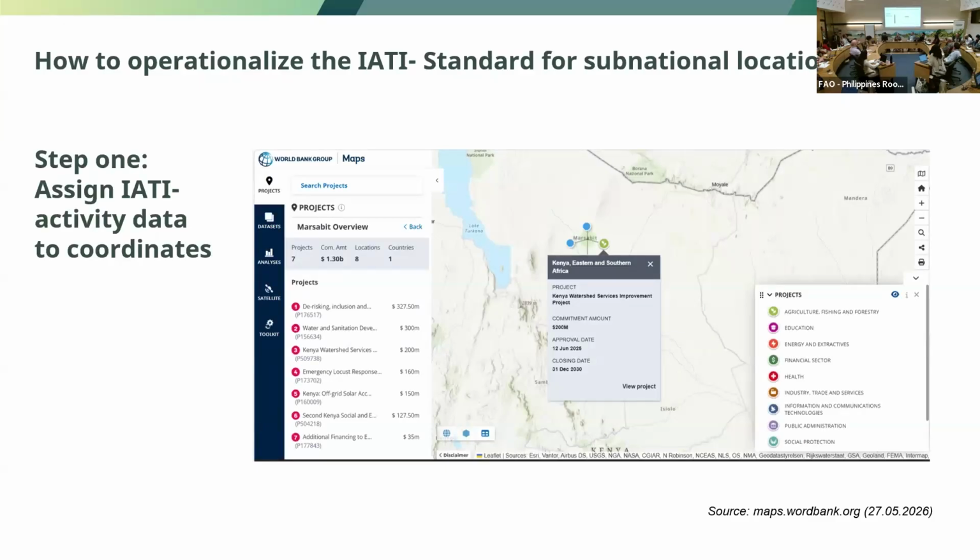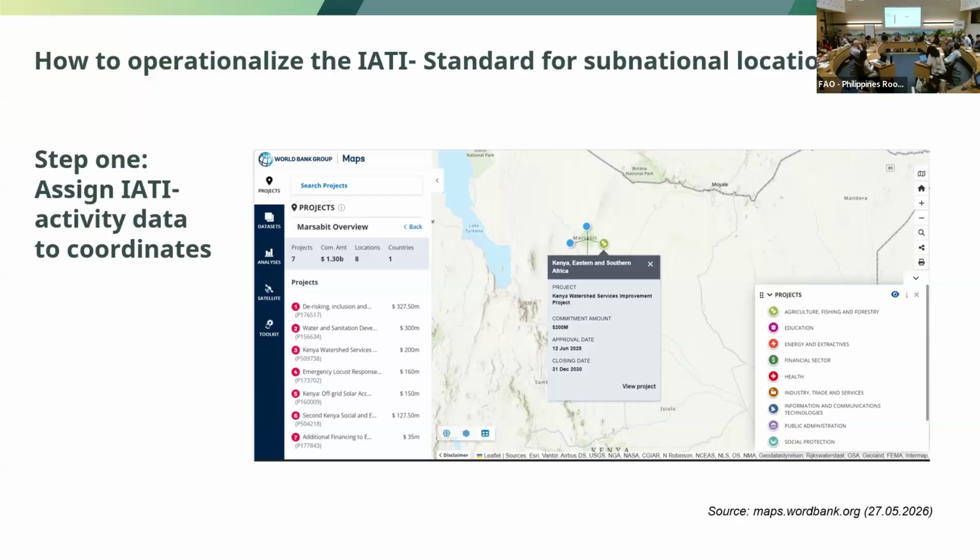So in operationalizing the IATI standard, the first step, and many of our members have already done this, is to take the existing IATI data. As I mentioned, almost everybody is reporting at the project level, and then they just assign this data to exact coordinates, some to approximate coordinates, so that at least you can have a map.